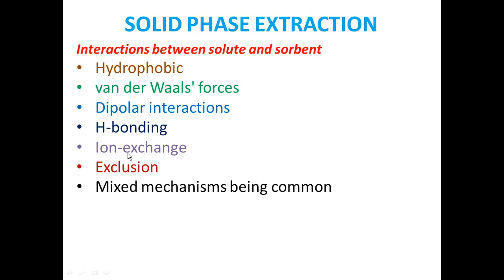And if you use a copolymer of styrene and divinyl benzene as a sorbent, modified by introducing sulfonic acid group or tetramethyl ammonium group, then if you have introduced sulfonic acid group, SO3 minus H plus will be present in the copolymer, where the exchange of cation can be expected.